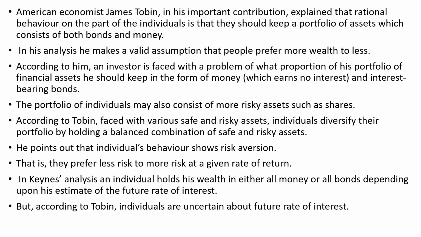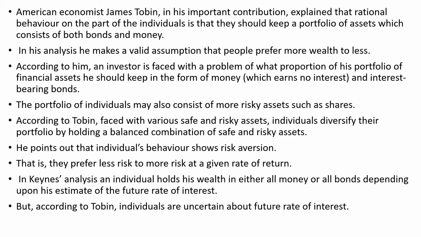James Tobin was an American economist and he has made some important contributions by explaining the rational behavior on the part of individuals, especially when going for a portfolio of assets management. He says that a portfolio of an individual consists of both bonds as well as money.